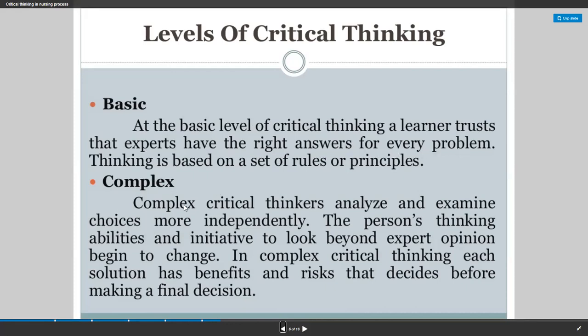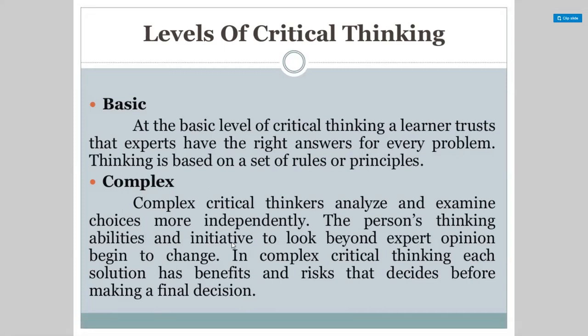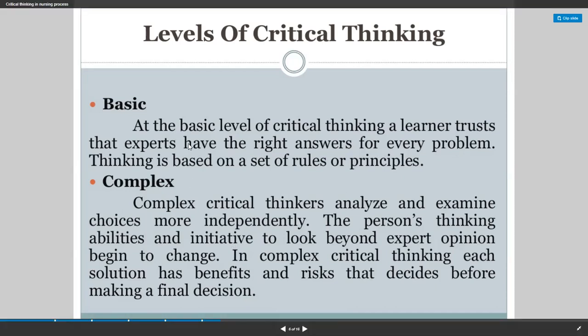Then the complex one. Complex critical thinkers analyze and examine choices more independently. The person's thinking abilities and initiative to look beyond expert opinion begin to change. So this is after basic. Basic means you know that the experts will know more answers about the situation.